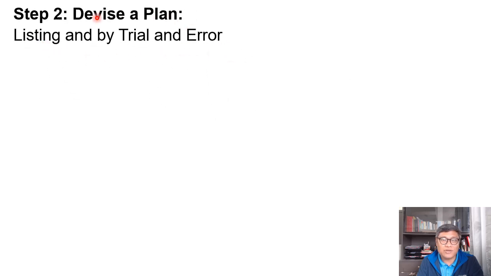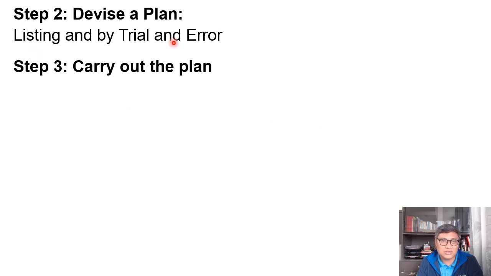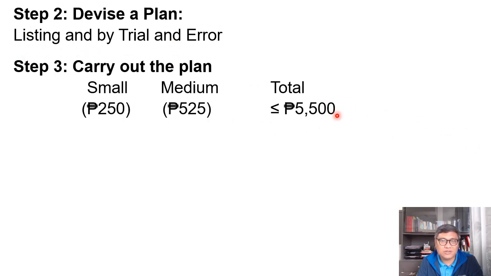Then, how are we going to solve this problem? The easiest is trial and error. If you are fond of using this one, it's okay. Listing, at the same time, because we are going to list the possible solutions. So if you carry out your plan, I will be having here the small box, the medium box, then the total. The small box is 250, the medium box is 525.